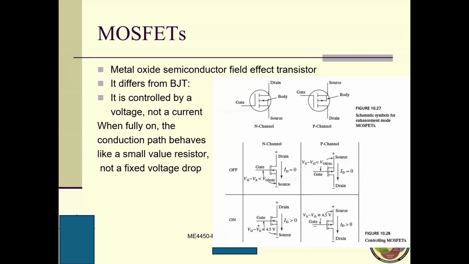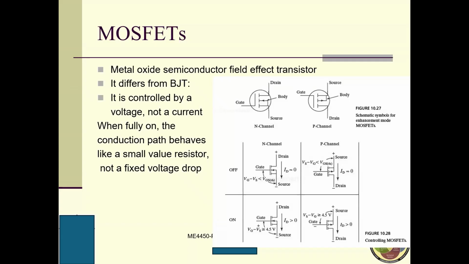N channel works on the same principle as the NPN. Whenever you see the arrow going out, this is a P channel, and P channel works on the same principle as the PNP. Be very careful. I know this is kind of confusing.